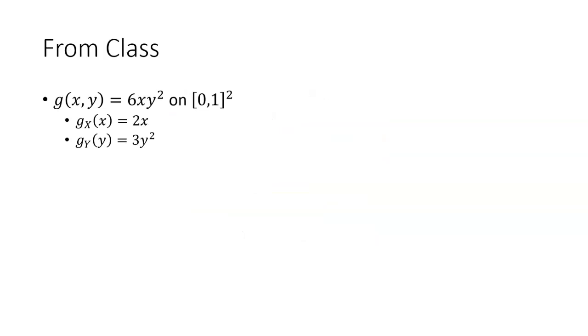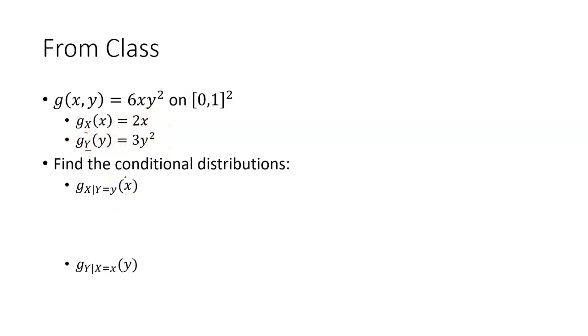Okay, let's see how this works. From class, we have this joint distribution, 6xy squared on the unit square. We found that the marginal distribution of x was 2x, and the marginal distribution of y is 3y squared. So let's find the conditional distribution.